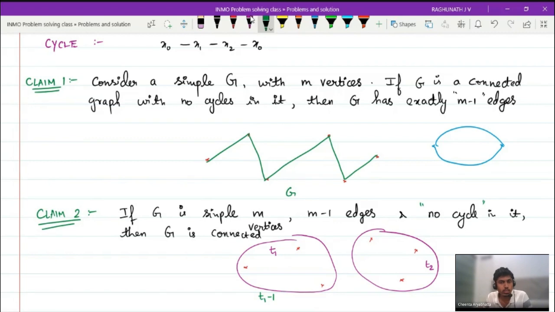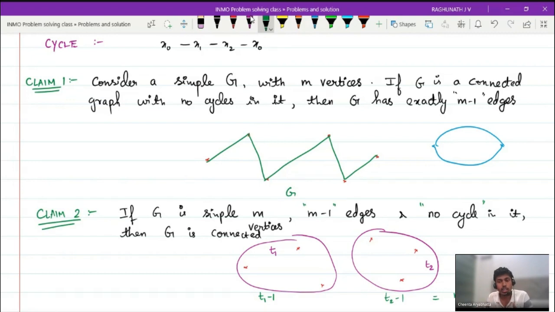So T1 minus 1 edges are there in the first connected component, and over here you will be having T2 minus 1, and in total you will be having T1 plus T2, which is m, minus 2 edges, contradicting the fact that there are m minus 1 edges in total.